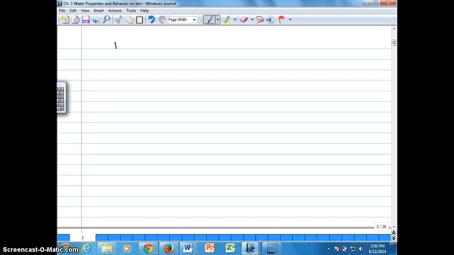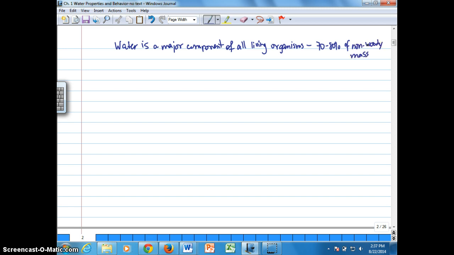So water, as we know by now, is a major component of all living organisms, and in plants can take up 70 to 80% of the non-woody mass of the plant. This is for plants.